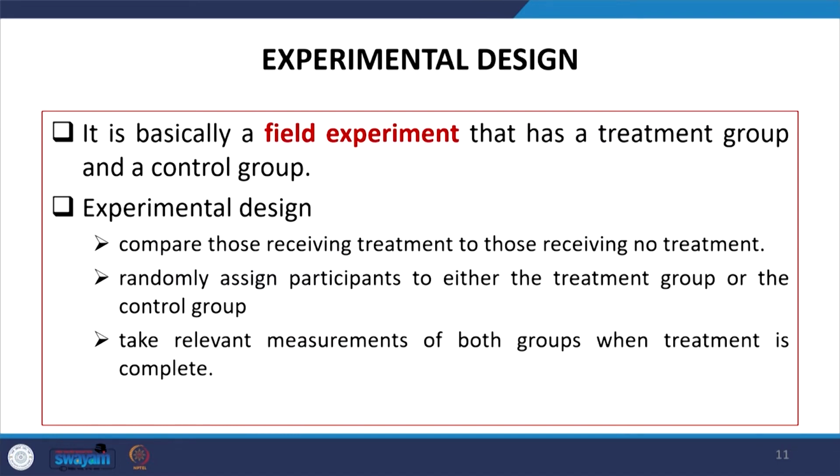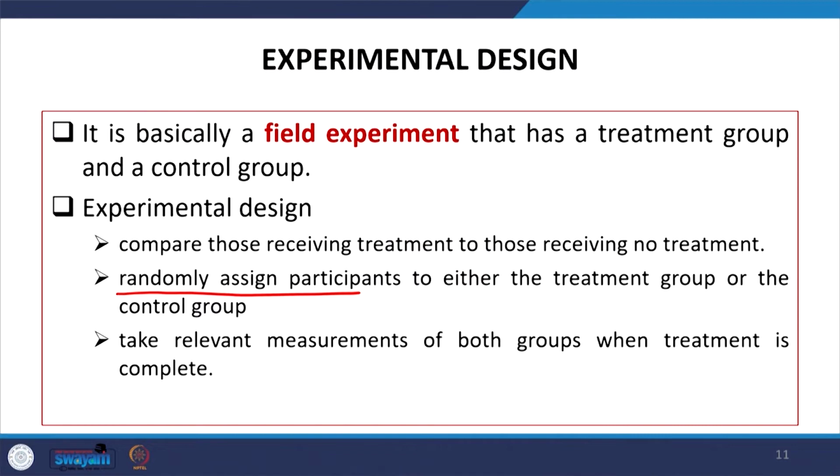Coming to the experimental design further, it is a type of experiment that has a treatment group and a control group. In an experimental design, we need to compare those receiving the treatment with the non-receiving group.